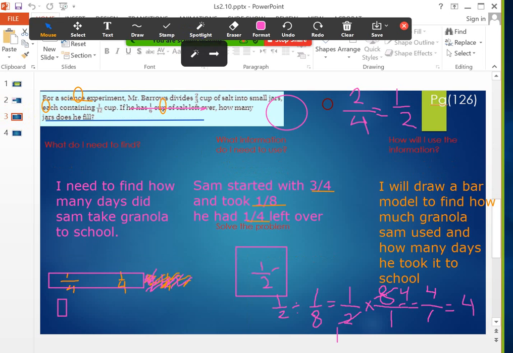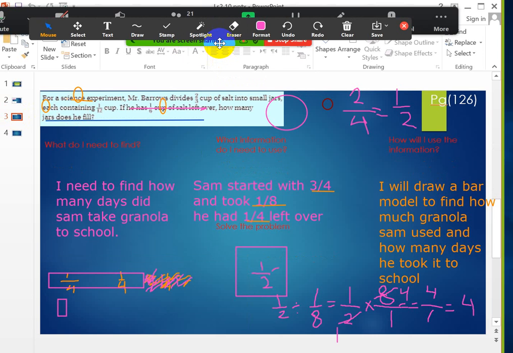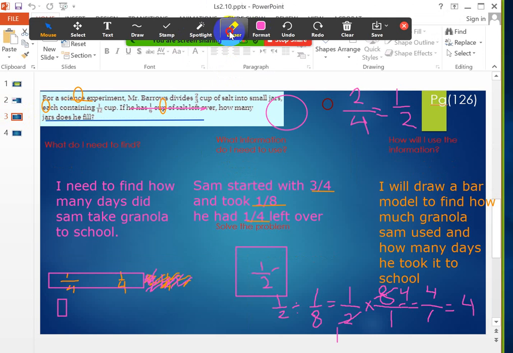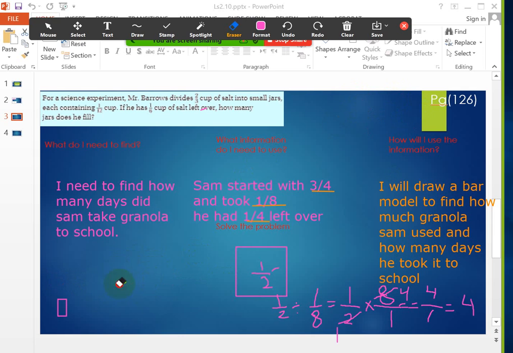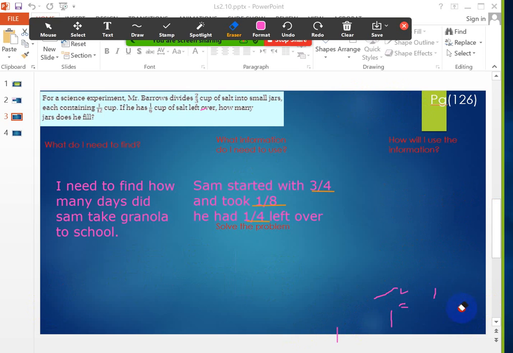Now we will continue to the example on page 126. Now I will repeat the same steps. You will understand it on this example because I will repeat the same steps. In this example, I also have a division of fractions problem and the same steps.